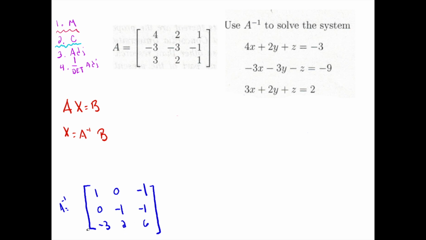So here we're going to have the inverse of A, and we are going to multiply it by B, which is our answer matrix. So we have -3, -9, and 2.